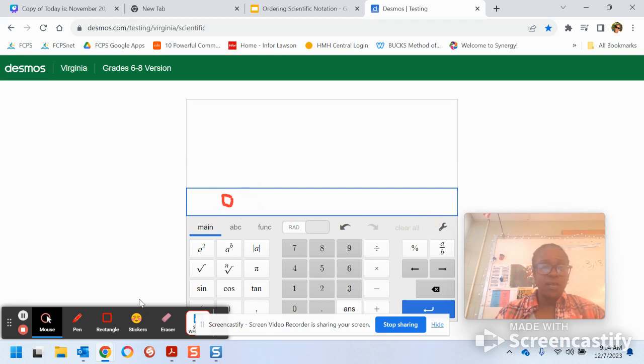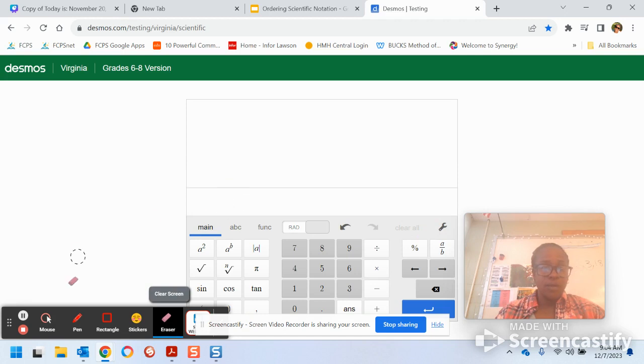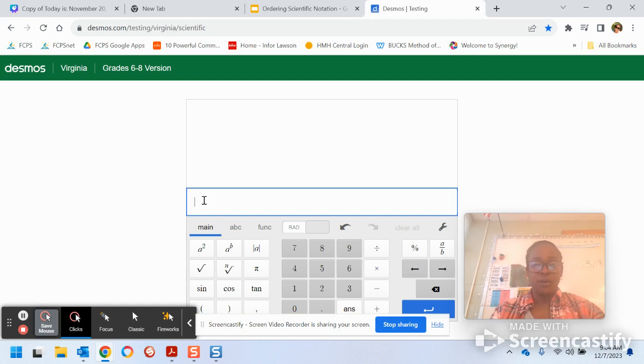If I were to give a number, we are going to type into Desmos, I'm going to type in 3.3 times 10 to the negative 3. And then I'm also going to type in another number with the exact same exponent, 4.5 times 10 to the negative 3.